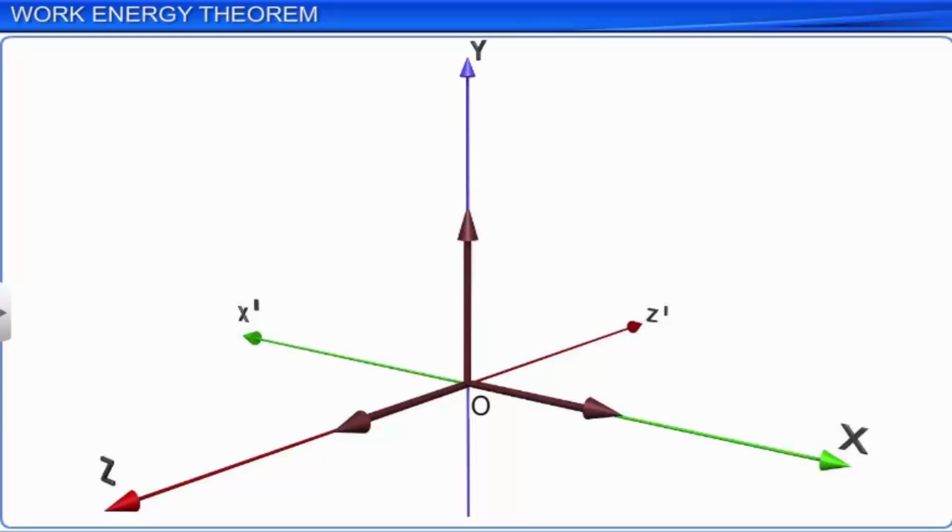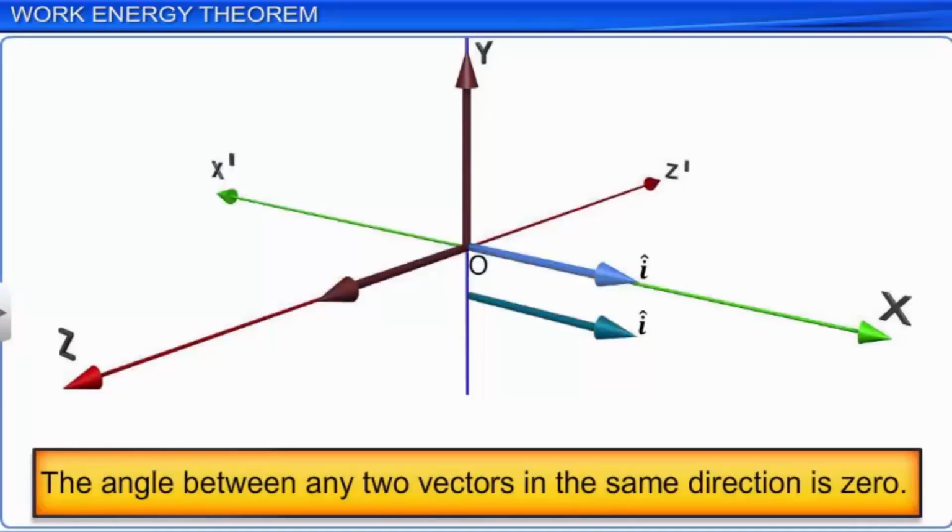Consider the unit vectors along the Cartesian coordinate axes i, j, and k. The angle between any two vectors in the same direction is 0.